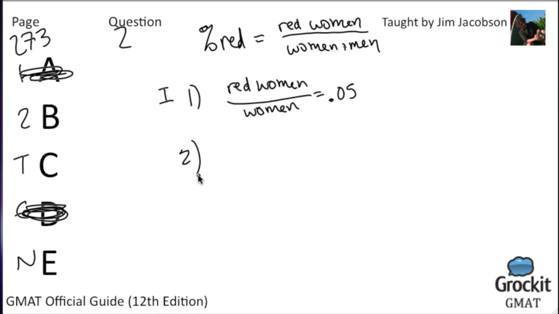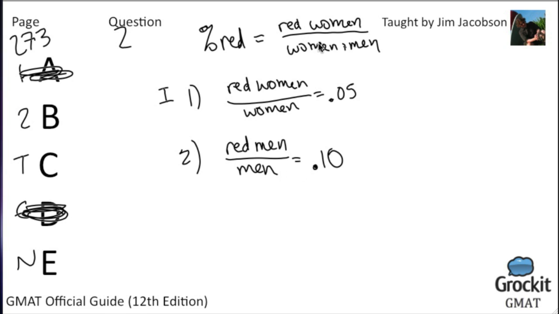Statement number 2. Of the men in the group, 10% have red hair. So red men over the men equals 10%. It works the same way as statement 1.